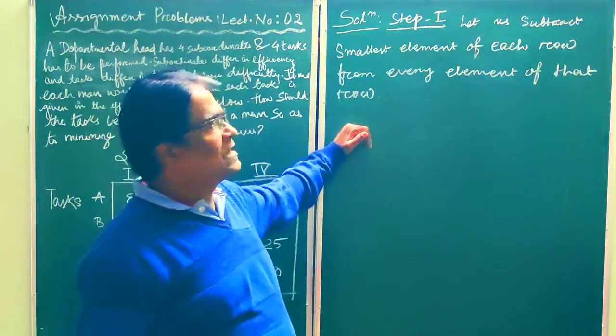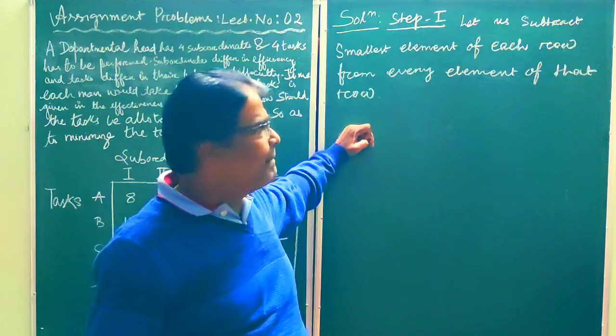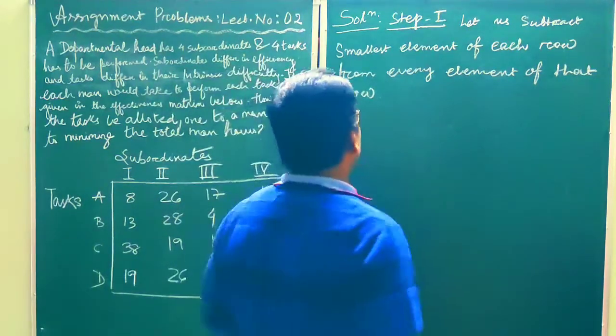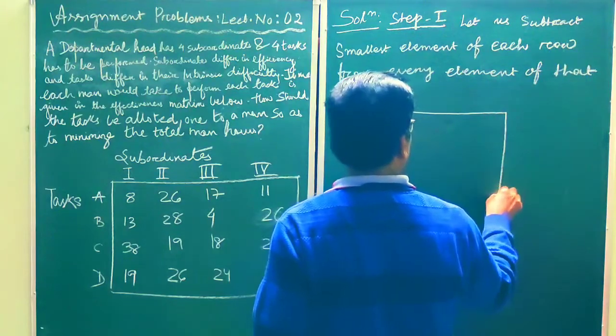Let us subtract smallest element of each row from every element of that row. So we get the reduced matrix like this.